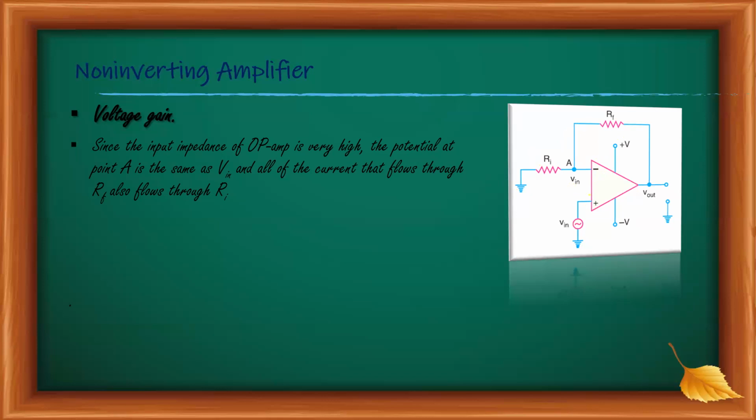Here at the non-inverting terminal, we apply the input V in. As the input impedance of the op amp is very high, there is no voltage drop between the terminals. So at the point A, the voltage must be V in.